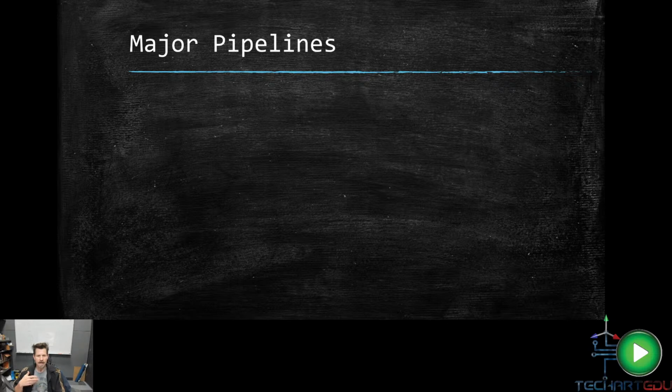All right. Now, there are two major pipelines that most rendering engines conform with. Actually, kind of three if you count the third one here. The first one is Direct3D, which was generated by Microsoft.